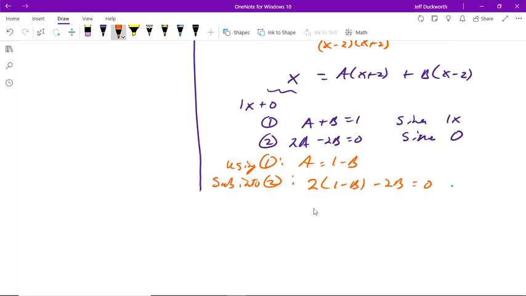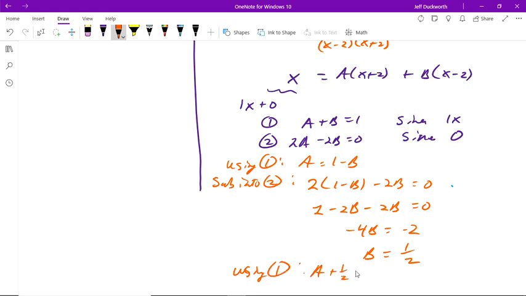And that means I have 2 minus 2B minus 2B equals 0, and that's negative 4B equals negative 2, or B equals 1/2. And then using 1, I get A plus 1/2 equals 1, or A also equals 1/2.